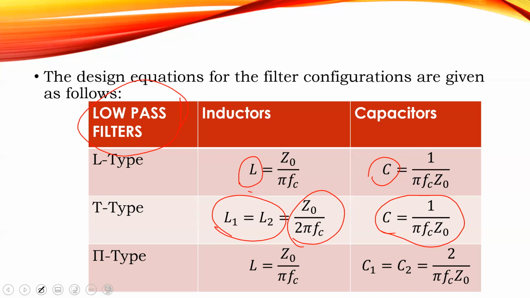However, for the pi type, where we are now finding C over 2, the C1 and C2 would be 2 times what we have here. Now, let me say that again, I don't want you to leave here trying to swap these formulae.